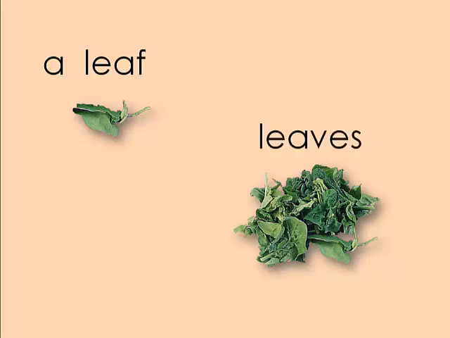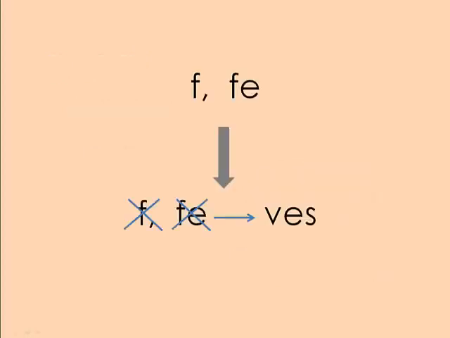Look at that. The last letter of leaf is F, but there's no F in leaves. It has a V. If the end of a noun is F or FE, we change the F to a V. The plural will end in VES.